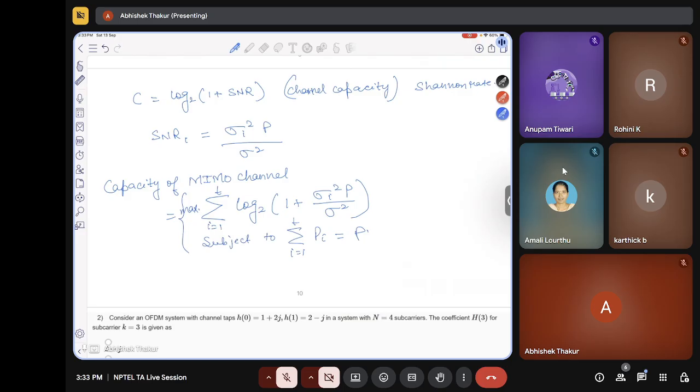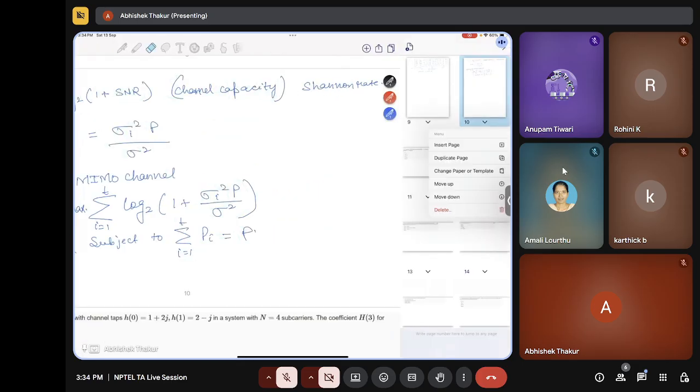So we will use the constrained optimization problem using Lagrange multiplier lambda. And then finally, we will get the power allocation P_i given as 1 by lambda minus sigma squared by sigma i squared. We'll write this formula on a new page. The same formula we'll use for this question.